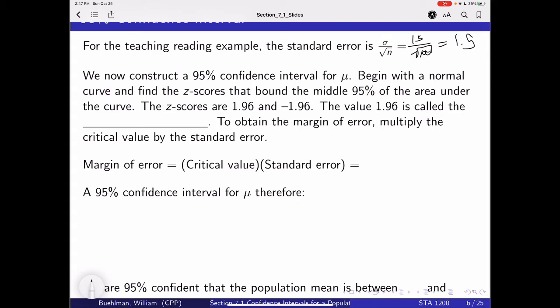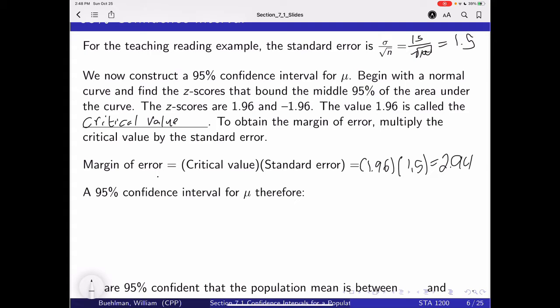The value of 1.96 is called the critical value. To obtain the margin of error, multiply the critical value by the standard error. So the margin of error in this case is the critical value times the standard error, which is 1.96 times 1.5, which gives us 2.94.